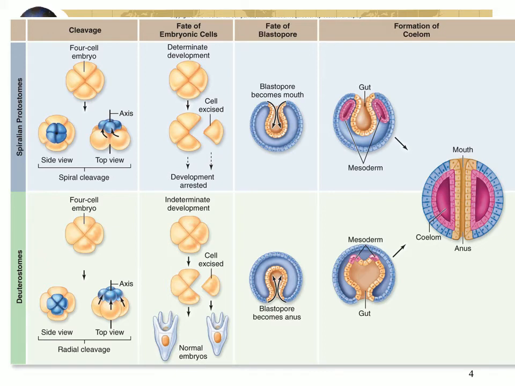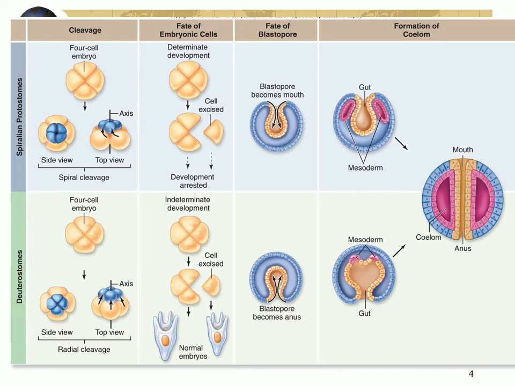They are called determinate, and if you take one cell away, these organisms become defective. They tend to form their mouth first, by an invagination of cells that will produce the gut, and they tend to develop a coelom through a split in a pocket of mesoderm that develops near where the mouth is.